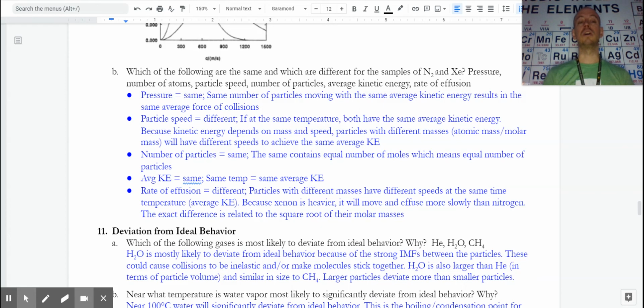So nitrogen would effuse about twice as fast. Obviously, lots of rounding in my numbers there, but it gets me close enough to know that even though it's a 28 to 131 ratio, in terms of square root it's closer to a 2 to 1 ratio in terms of the rate of effusion and therefore the speed that they travel.